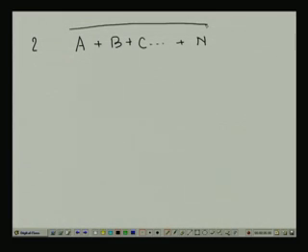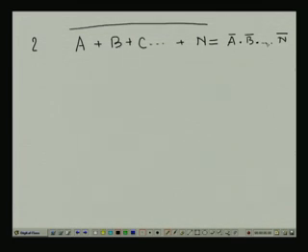Then De Morgan's law tells us that if we take each variable inverted, A bar, B bar, up to n bar, and instead of the plus operator we take the dot operator, then it will be the result. So, the first rule tells the reversing.